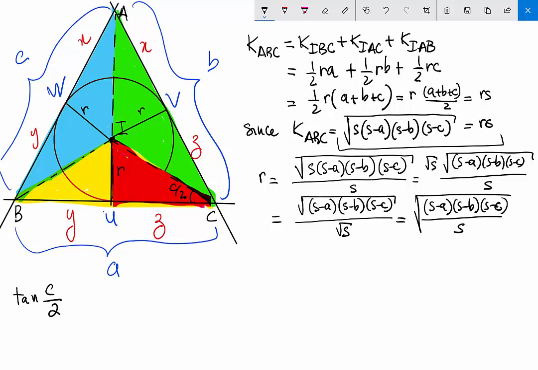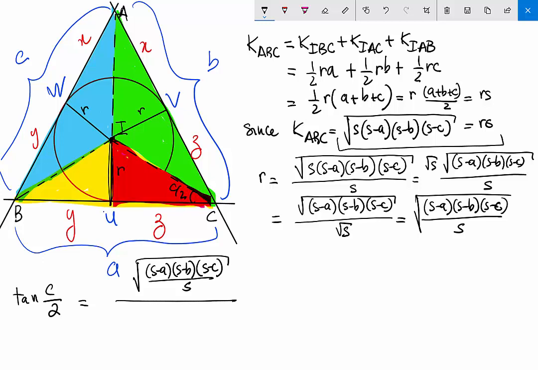So the tangent of C over 2 is the opposite side, which is IU, over UC. Now IU is R, which is the square root of (S minus A)(S minus B)(S minus C) over S.